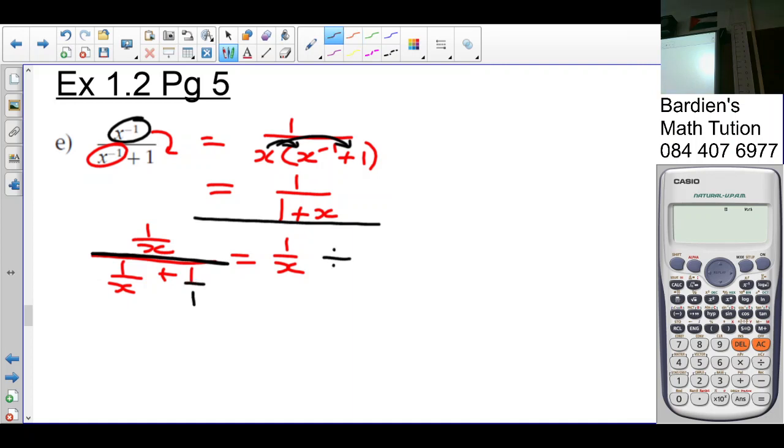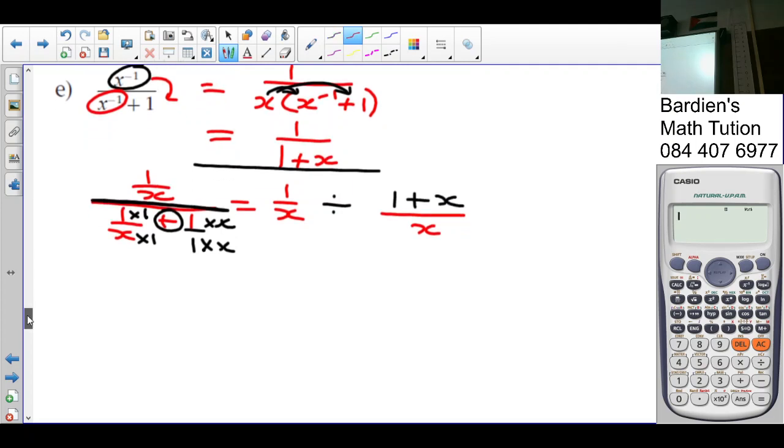Naturally that's over 1. What's my LCM in the denominator, people? X. That's over x. So this must be multiplied by 1, and that by x. Not so? So 1 times 1 is 1 plus 1 times x is x.